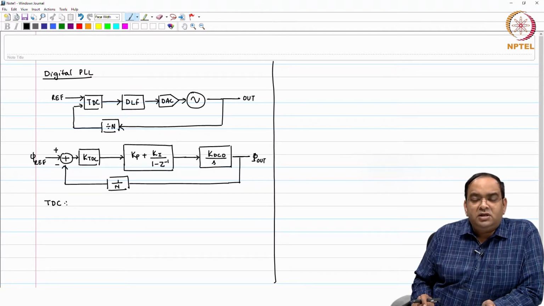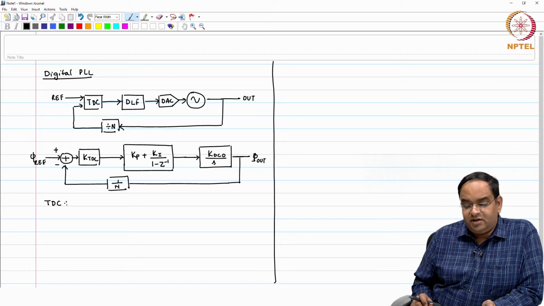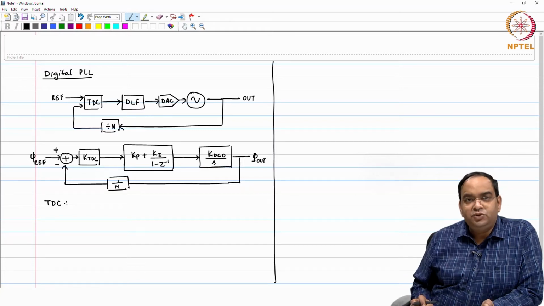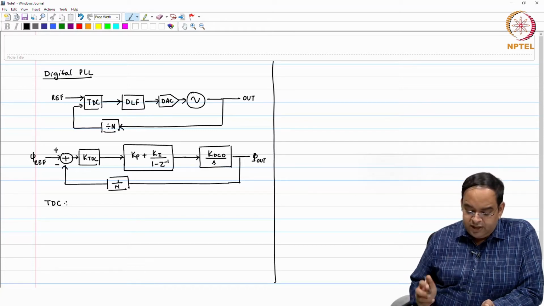So, time to digital converter, we know it measures the phase error between the reference and the feedback signal, and the range of phase error which it can compute is limited by the delay line, or the time for which the delay line is tuned, which is used in the TDC.